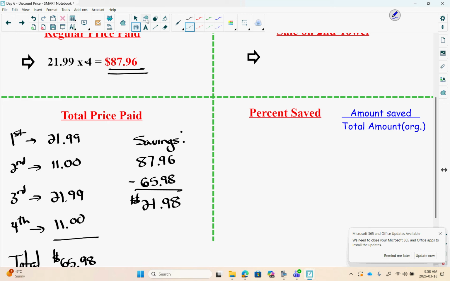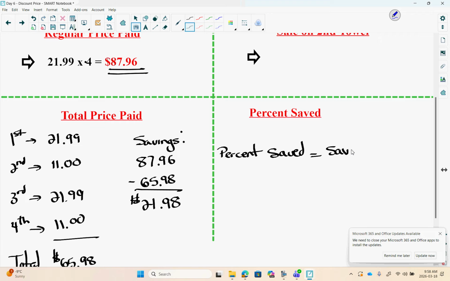How do you figure out the percent saved? What's your percent saved equal to? It's your savings, or the amount you saved, over the original amount. And then you multiply that by 100. What are the savings in this question?